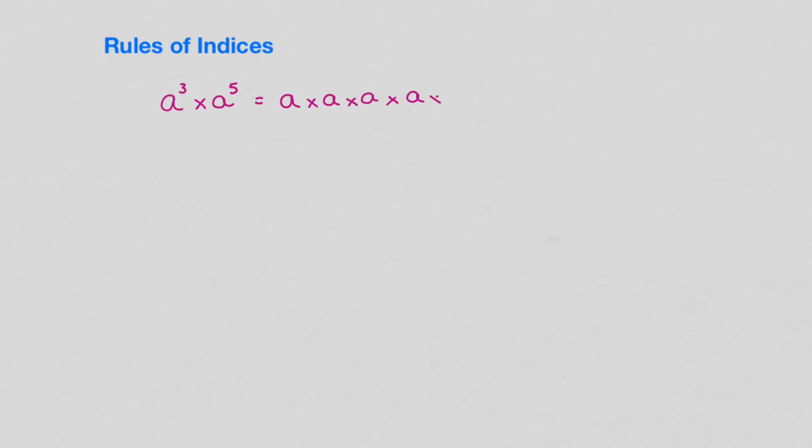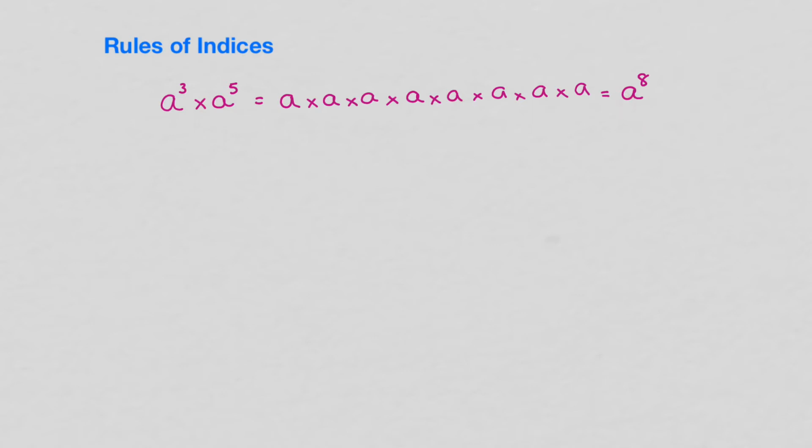So that's a times a times a times a times a. Now, I expect you've noticed that I wrote down 8 a's when they were multiplying by each other there. So we've got a to the power 8. Just check that. 1, 2, 3, 4, 5, 6, 7, 8.